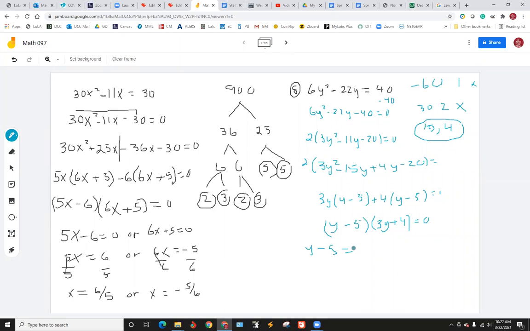So here's our only 2 solutions. Y is equal to 5. And 3y is equal to 4. And it's negative, because once you subtract that over. All right, any questions about that one?